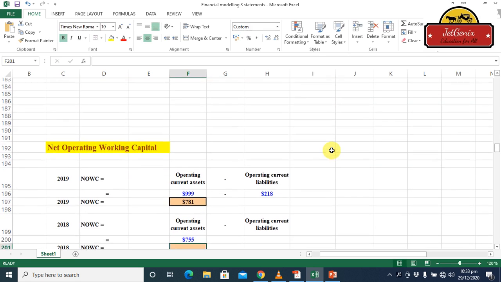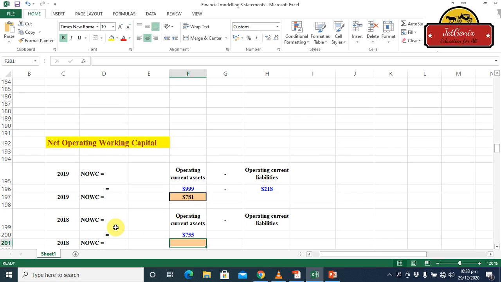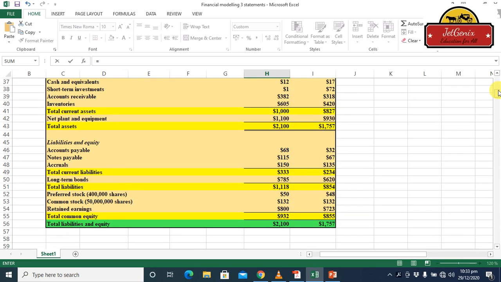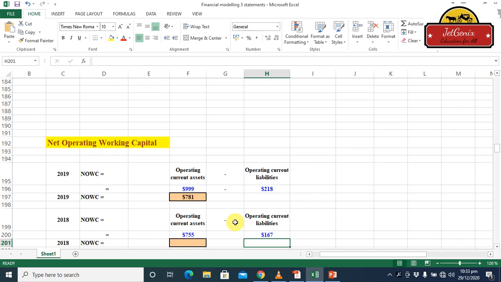This will give us the operating current assets of 2018. Again we calculate the operating current liabilities for 2018. Go to the balance sheet, scroll up, you can see the liabilities here. This is the account payable, selected, and plus we select the accruals, and press enter. So we have it here.